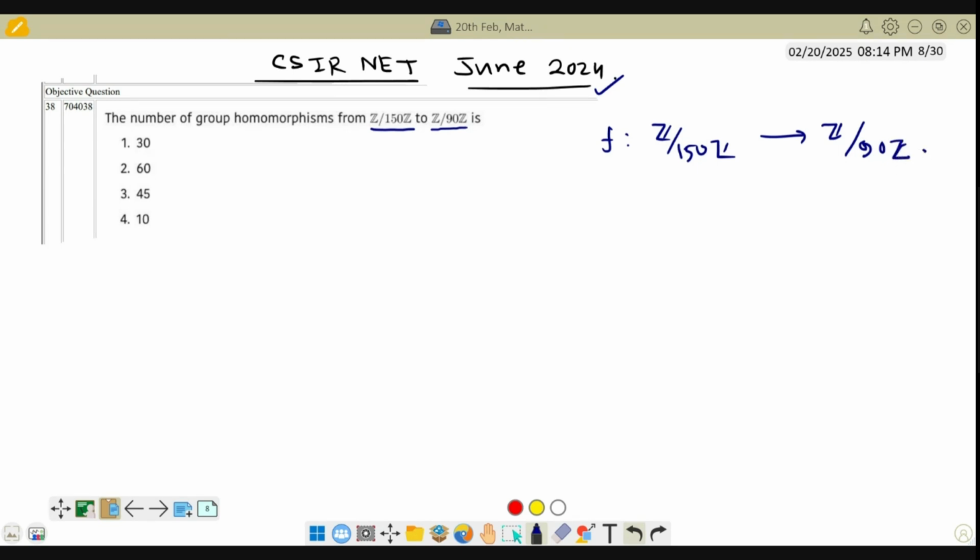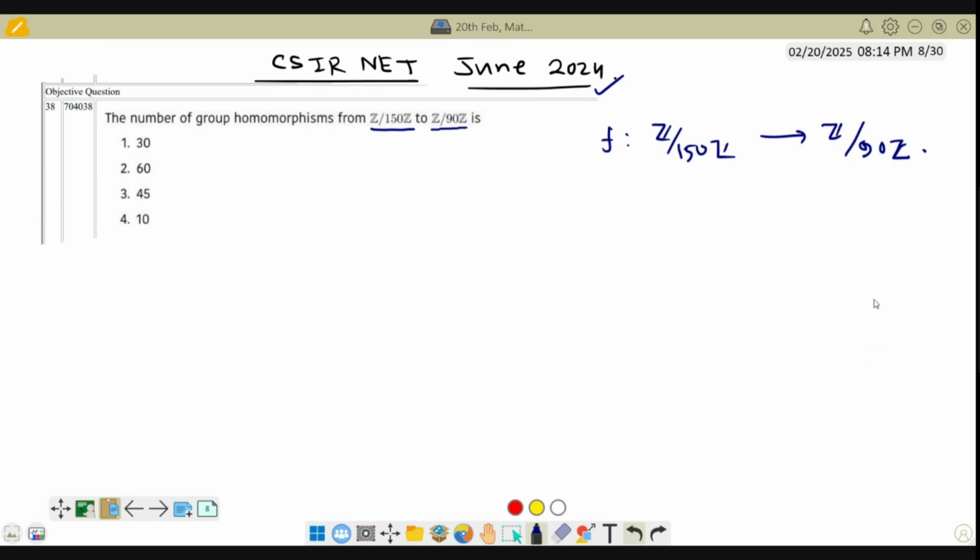How will you count? Different images of the generator. Sorry, can you repeat once again? Right, 1 plus 150Z is the generator. Yeah, we are saying different images.